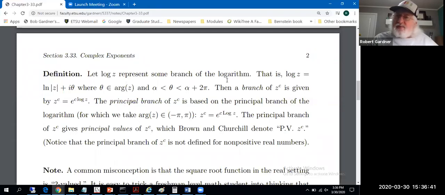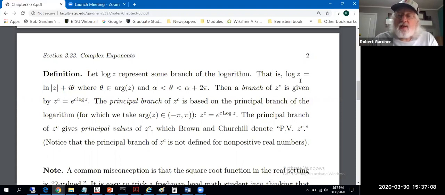I've got a good deal of respect for Brown and Churchill, but they've used this same symbol, this log thing, for the multiple valued log and for branches of logs. So that's a little clunky. So you have to keep an eye on how they've worded things. So now we're talking about a branch of the log. Don't get me wrong, I'm happy we're talking about a single valued function in this definition at least.